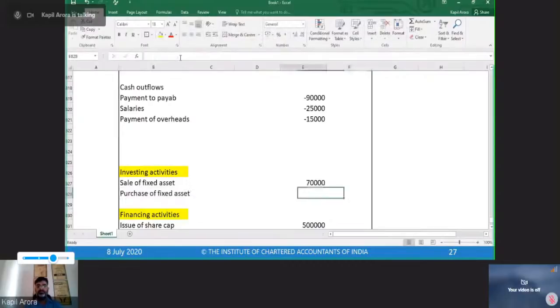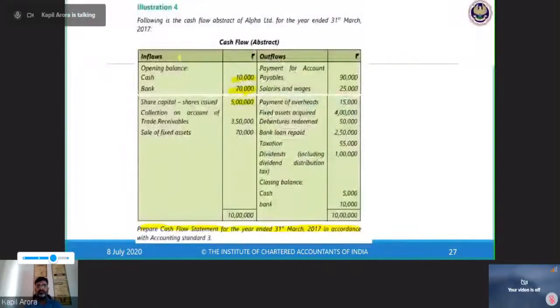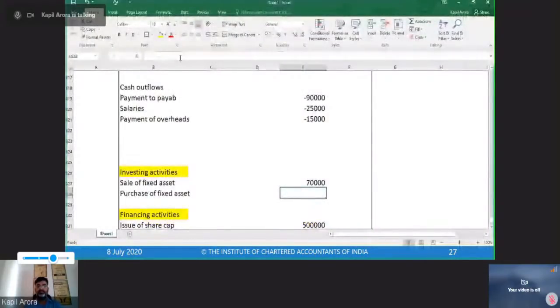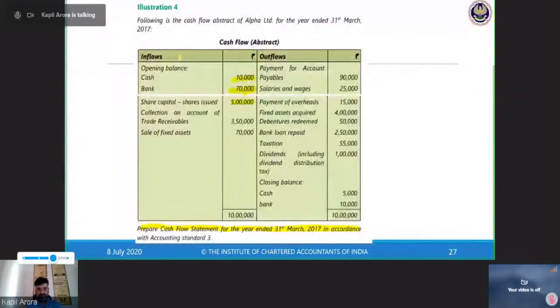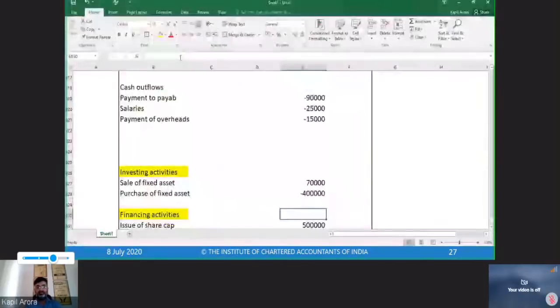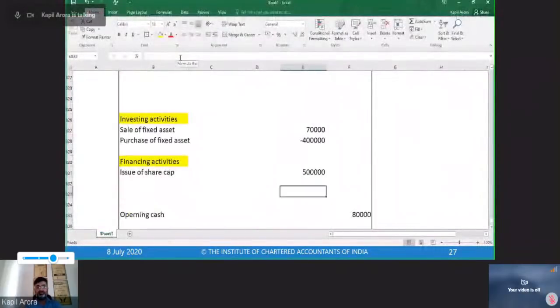Then we have debentures redeemed, the payment to debentures, minus 50,000. Then we have bank loan repaid, minus 250.